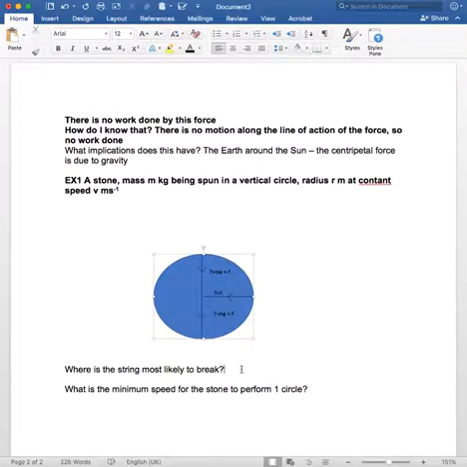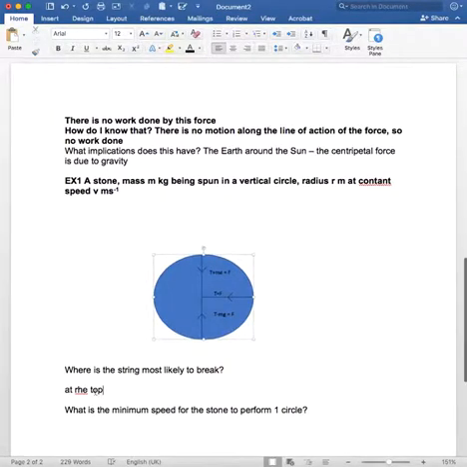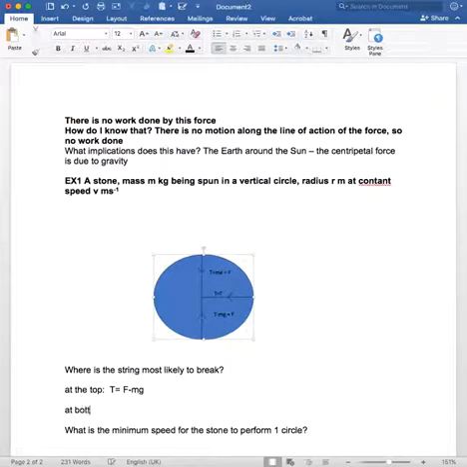So, where is the stone most likely to break? Well, where is the tension greatest? If we were to make T the subject of this equation, you'd have T equals F minus mg. So, at the top, T equals F minus mg. At the bottom, T equals F plus mg.